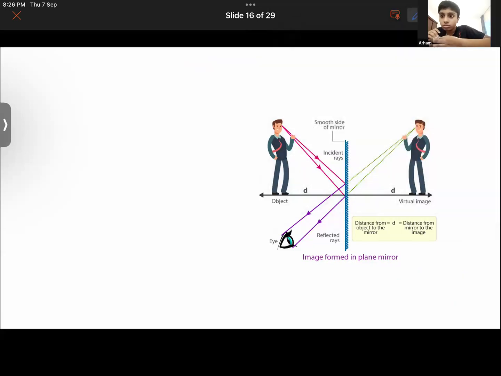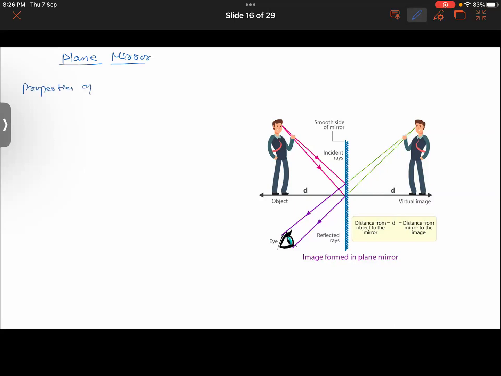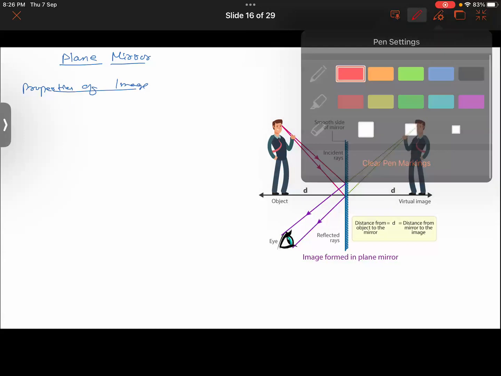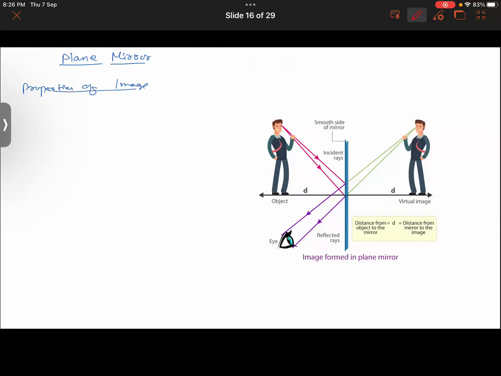Okay, now coming back quickly to the plane mirror. What are the properties of the image formed by a plane mirror? The distance between us and the mirror is also the same inside the mirror. We can see the image distance. Exactly.